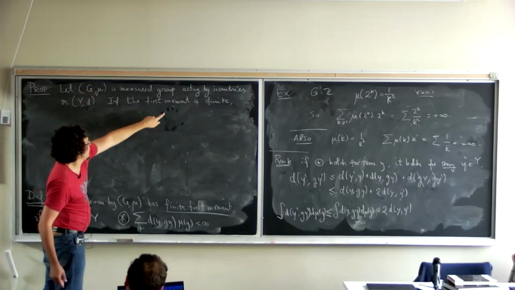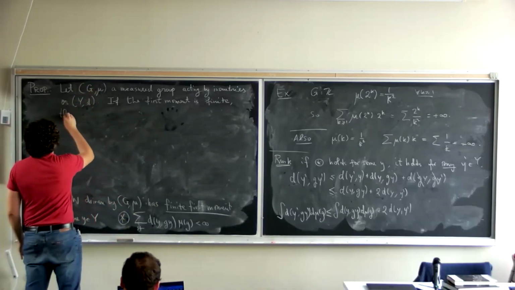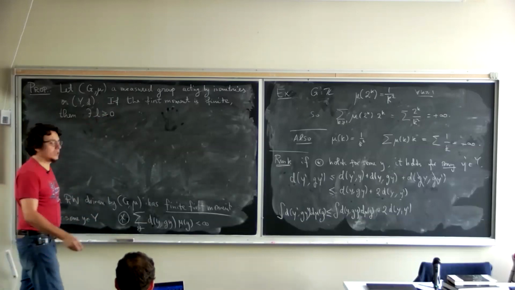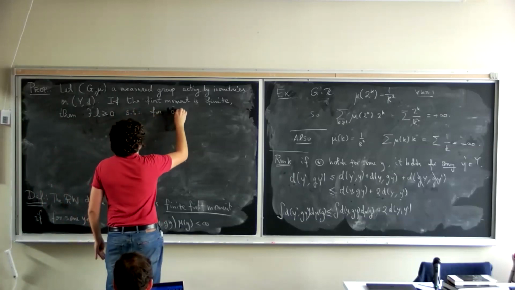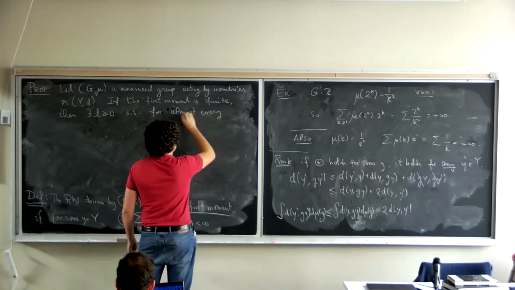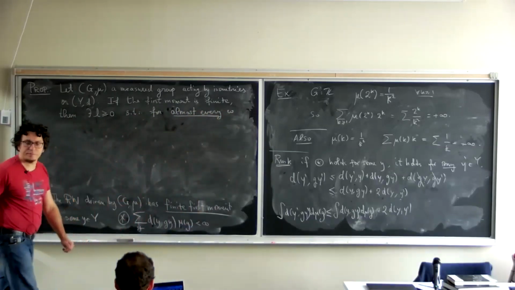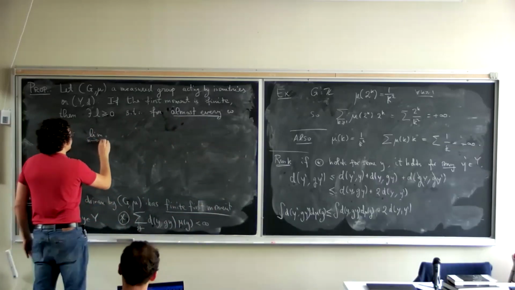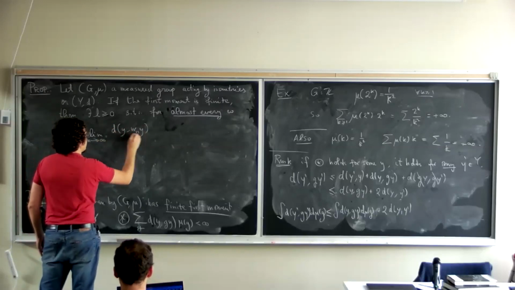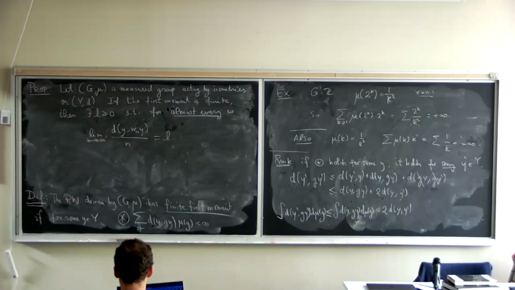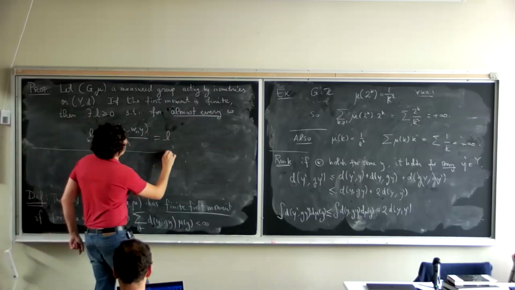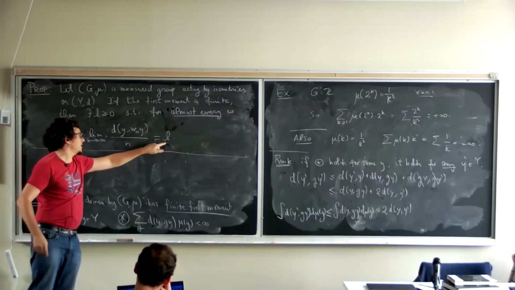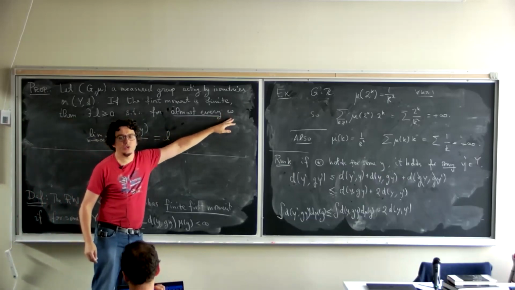But given these two things, if the first moment is finite, then there exists some L, a constant, which could be 0 or positive, such that for almost every omega, the sample path, the limit as n goes to infinity of the distance between y and w_n y, divided by n, equals this number L. This is the first numerical characteristic associated to a random walk, because this number does not depend on the path that you're choosing.